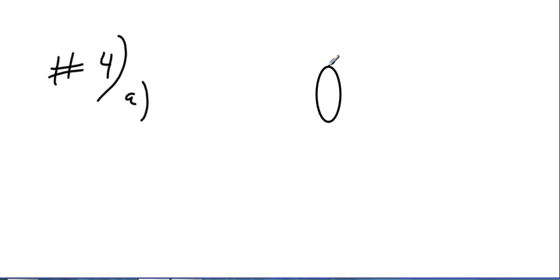So I've got some uniform electric field E going into it. Okay, that looks good. And the issue is, what is the electric flux through the hemispherical surface?